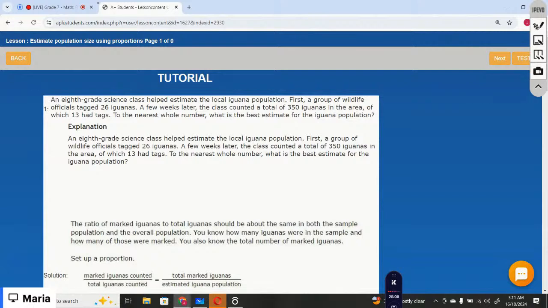An 8th grade science class helped estimate the local iguana population. First, a group of wildlife officials tagged 26 iguanas. A few weeks later, a class counted a total of 350 iguanas in the area, of which 13 had tags. To the nearest whole number, what is the best estimate for the iguana population?